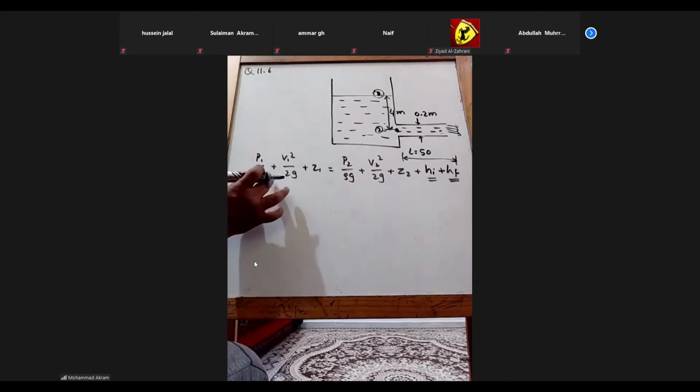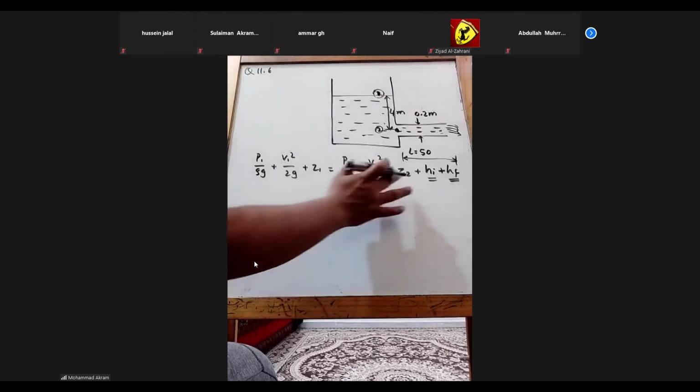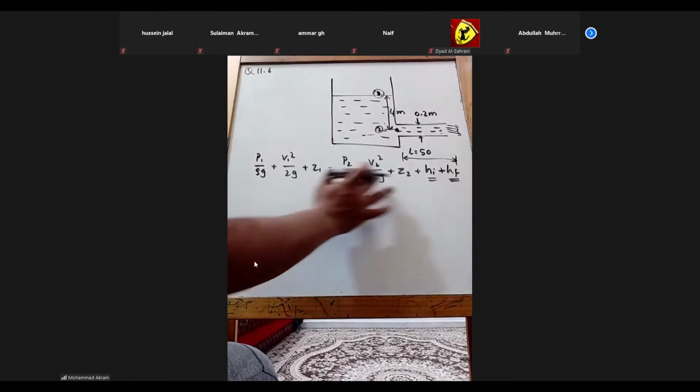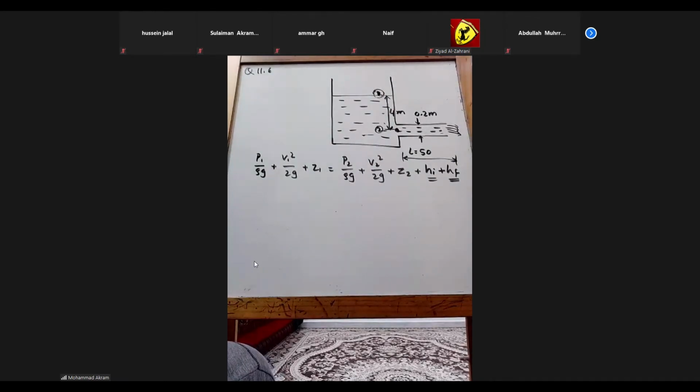Now, please tell me what is P1? Pressure at 1 is atmospheric pressure. We are already considering this Z1 and Z2. These are basically the water head only, meters of water, right?